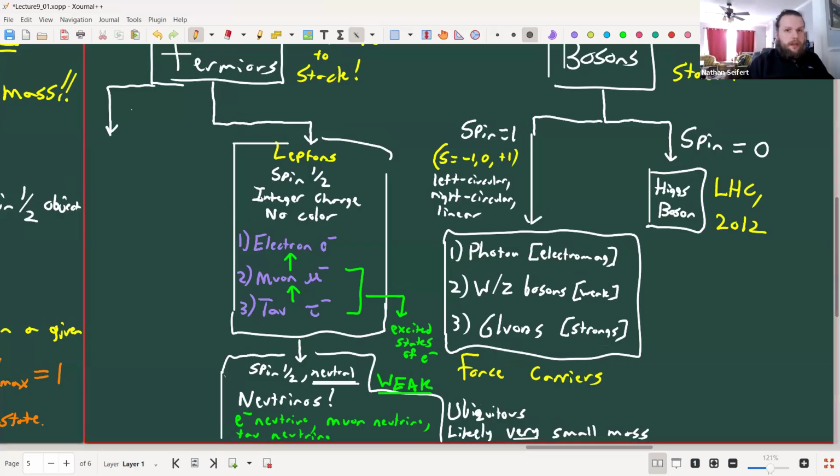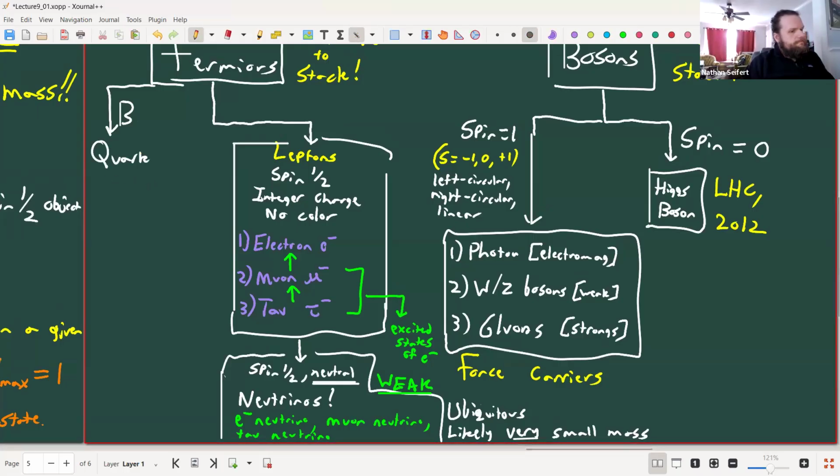Finally, there are what are called the quarks. Sorry, let's not go to baryons yet.